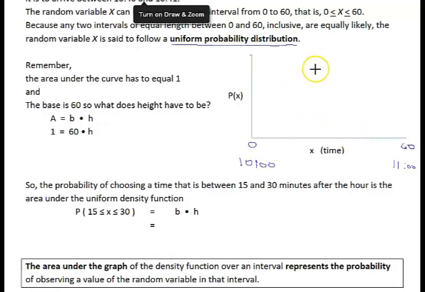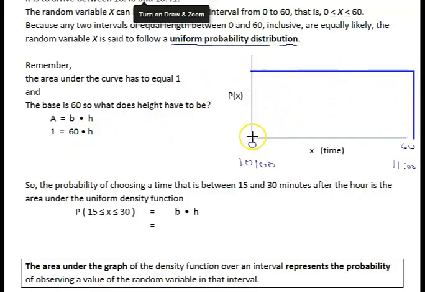So it's just going to be a nice flat line, all the way across to the 60 mark.